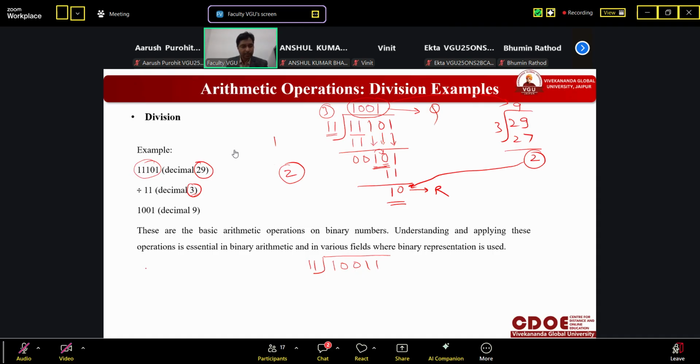So it is actually 19. 3 plus 16 is 19. So we are actually dividing 19 by 3. Please do it and give me the answer.